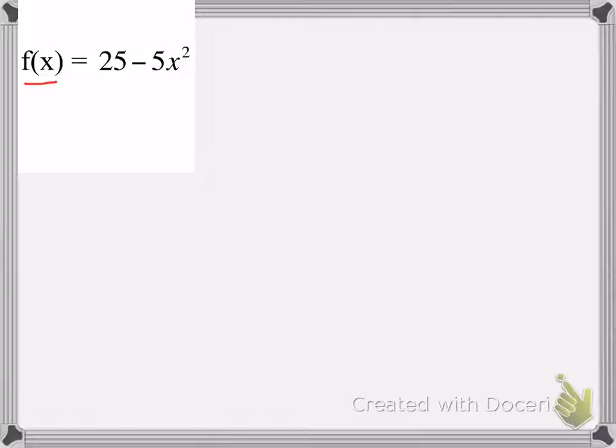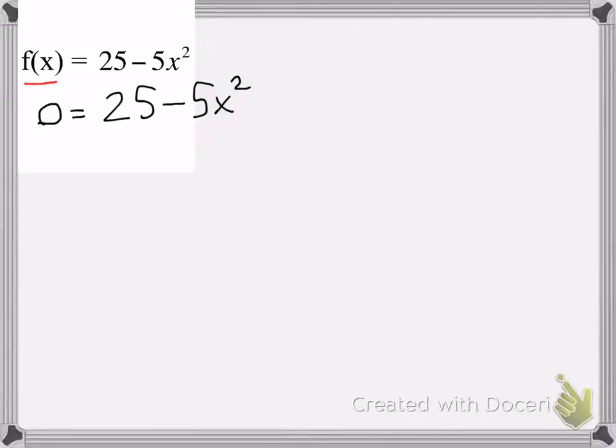So setting y equal to 0 is the same thing as setting f of x equal to 0. So if I want to figure out where this is going to cross the x-axis, I want to know when y is equal to 0. So first, let's set f of x equal to 0, and I have 25 minus 5x squared.